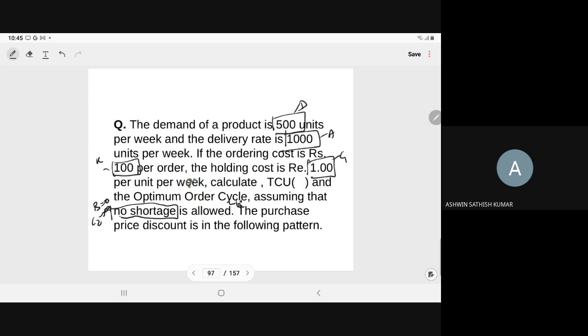So when no shortage is allowed, it means it is either model 1 or model 2.